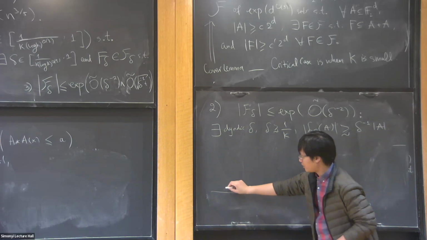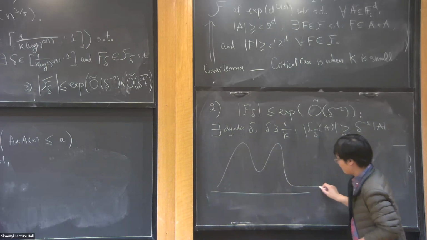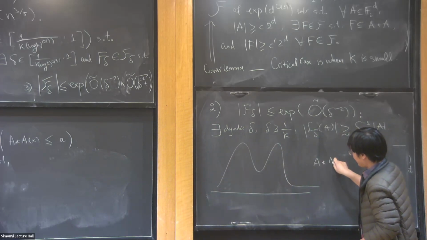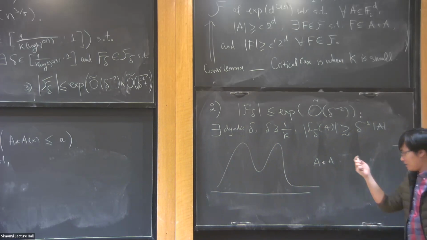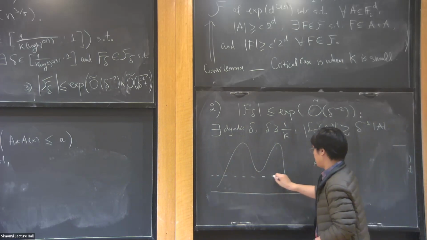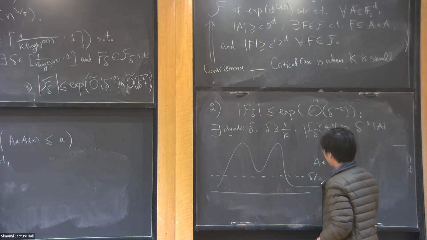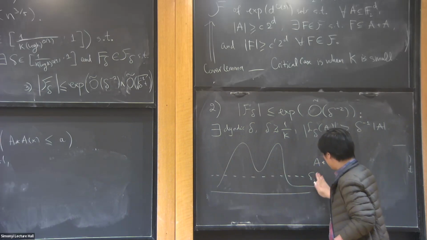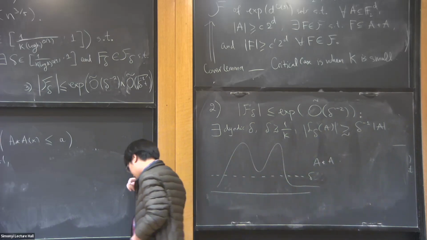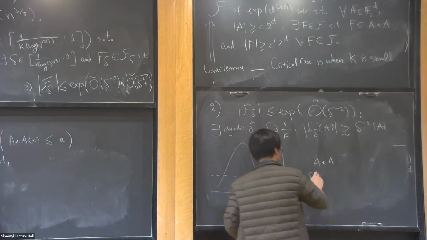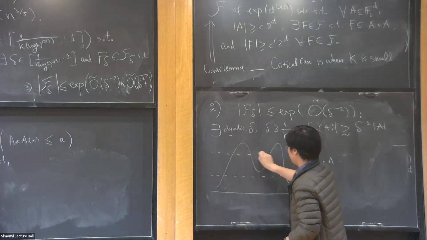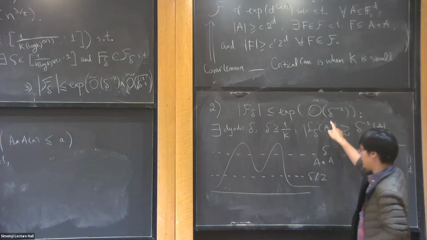So let me maybe represent the convolution A star A like this. We will have two levels at play. There will be some level delta, and there will be maybe this delta over 2, and there will be the level delta that we have here.